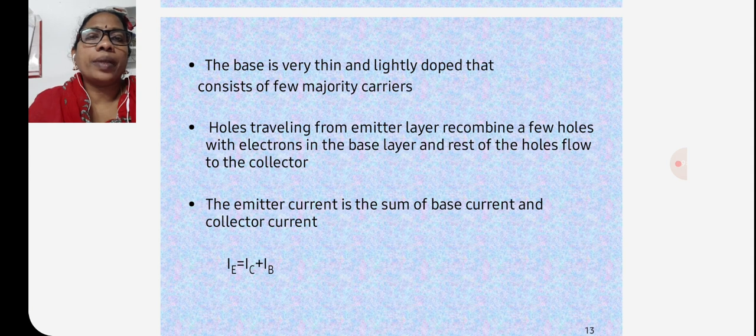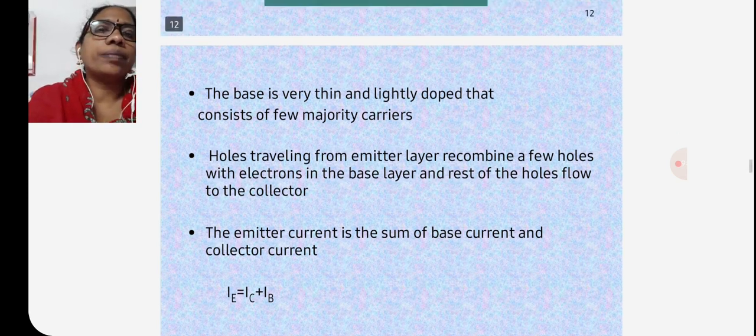The emitter current is the sum of the base current and the collector current. So here the emitter current IE is equal to IC plus IB.